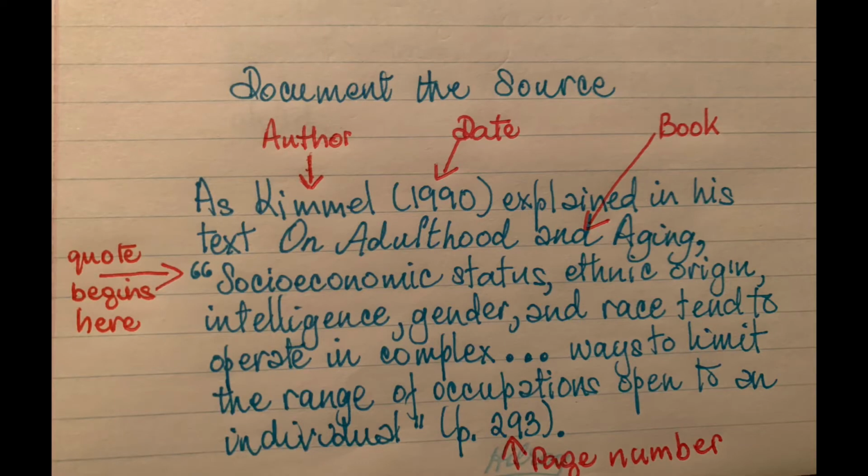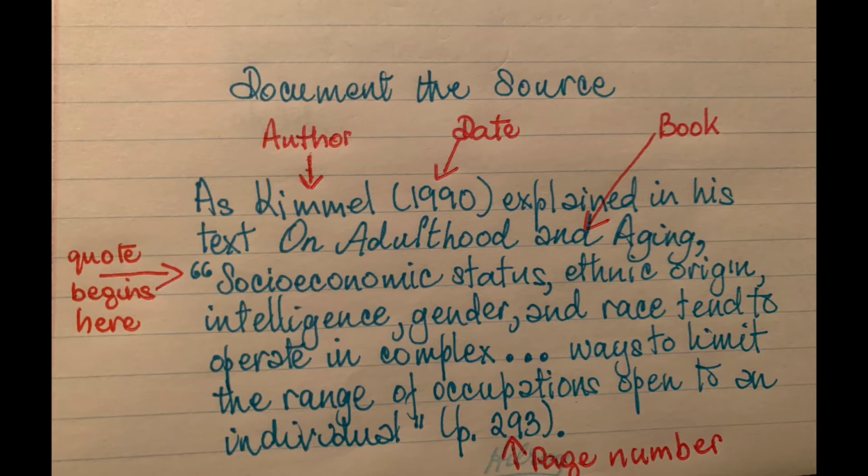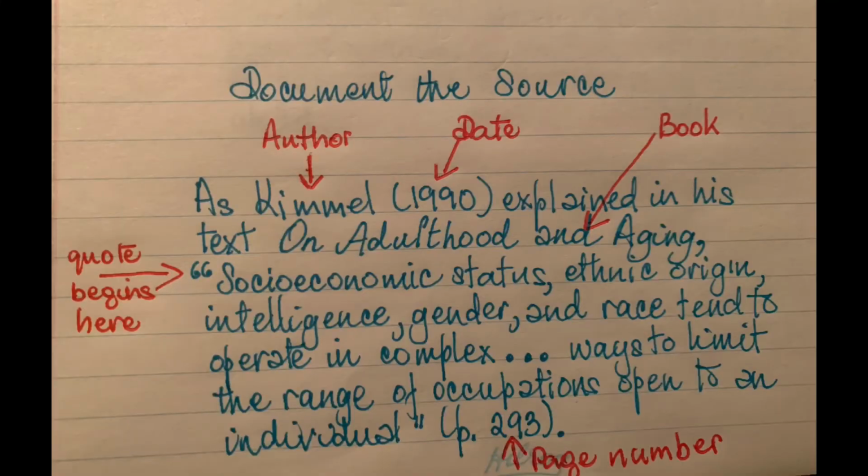As Kimmel, and that's the author, 1990, and that's the date, explained in his text on adulthood and aging, and you notice that's in italics, and then the open quotation marks, socioeconomic status, comma, ethnic origin, comma, intelligence, comma, gender, comma, and race tend to operate in complex... Those ellipses mean that that part of the quote was not needed, and the 3 dots indicate that something has been taken out, which was not necessary. ...ways to limit the range of occupations open to an individual.